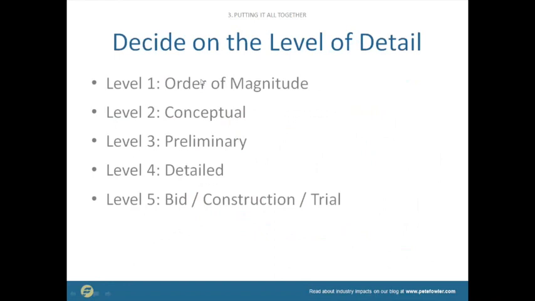All right, so what level of detail do we need? How much specificity? Oftentimes we only need an order of magnitude or conceptual estimate in order to know whether we're in the ballpark, whether this estimate needs to get at a deeper level. If you're going to do a kitchen remodel and you say, well, I want this and that and this and this and that, and the contractor says, all right, well, that's going to be about $180,000.